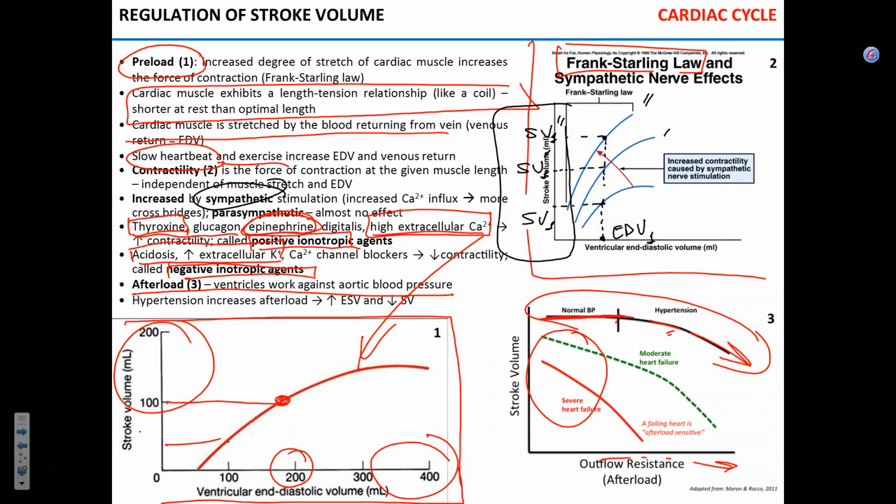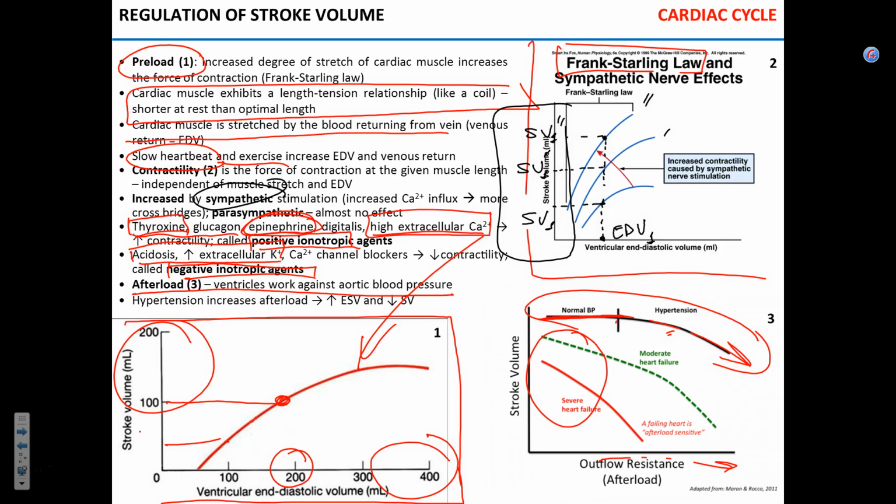Does that make sense? Good? So first of all, you have to be able to match the term to the definition. Resistance to ejection when blood pressure is afterload. Stretch of the cardiac muscle due to the venous return, preload. Second, you have to be able to tell what's going to happen to stroke volume or cardiac output if we increase preload, decrease preload, increase afterload, decrease afterload.